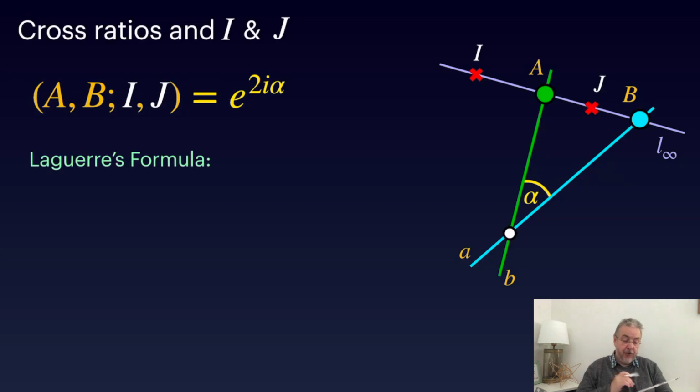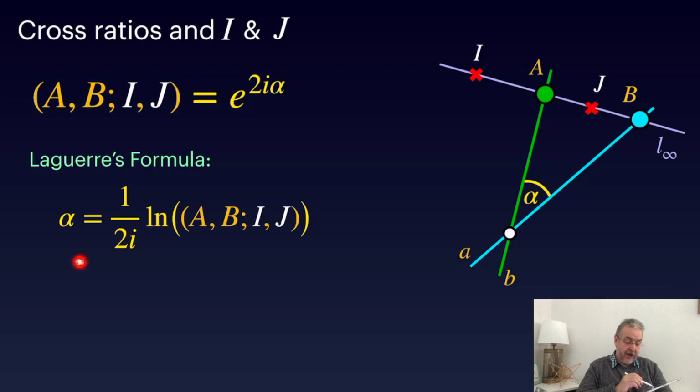Or if you put it in a different formula, you can calculate alpha by taking two lines, taking their intersection with the line at infinity, taking the cross ratio of these two points with I and J, and taking the logarithm of that and scaling down by 1 divided by 2i.